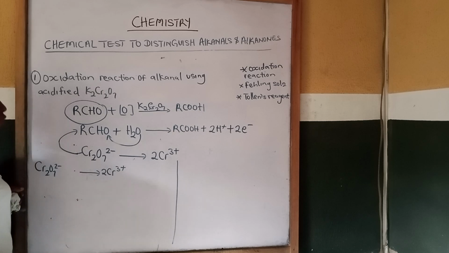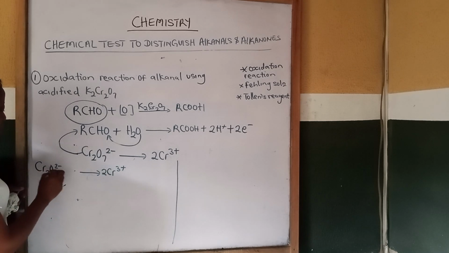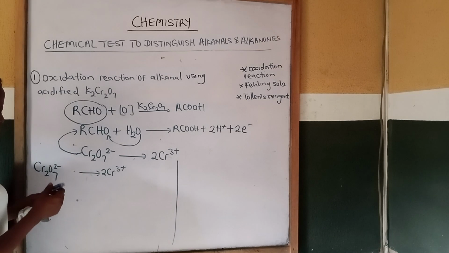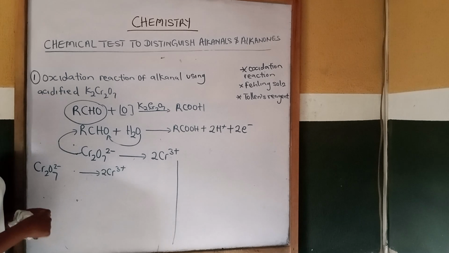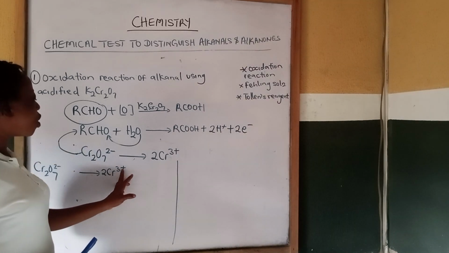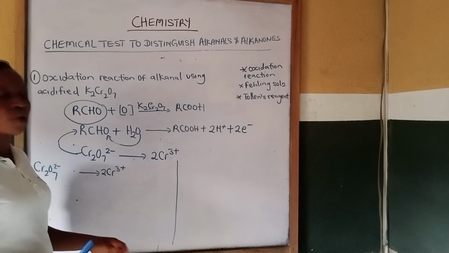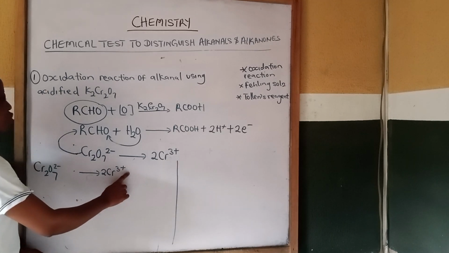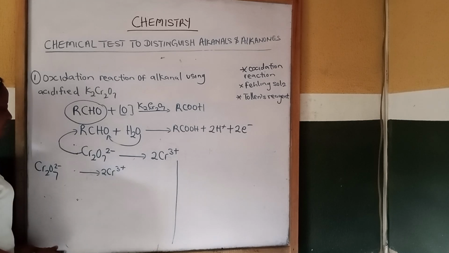At this side we have 7 oxygen, but this side is deficient of oxygen. According to the method of balancing redox equations, the side that is deficient of oxygen, we get oxygen from the water molecule. So water molecules will be added to balance the number of oxygen at this side.